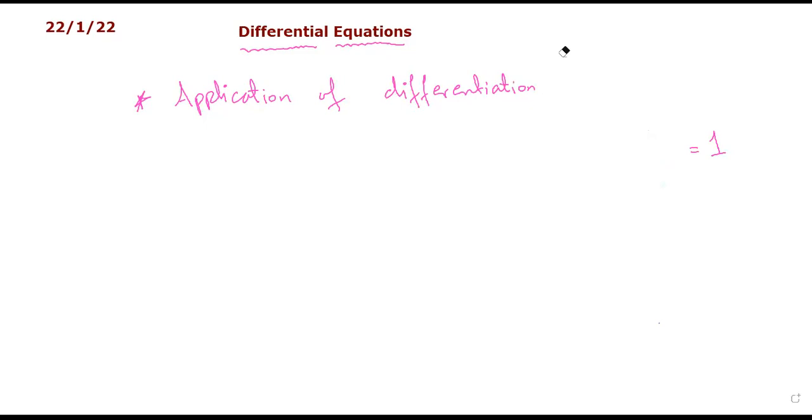And we know that rate of change of x is written as dx by dt.